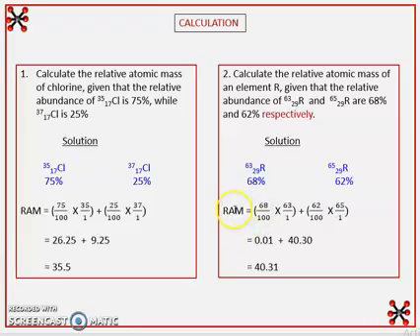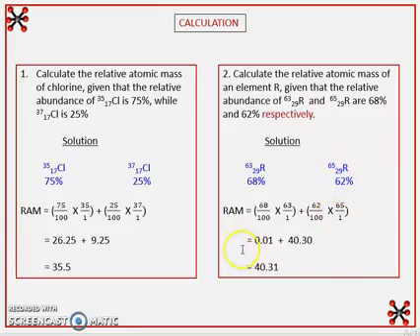So the relative atomic mass of R now is 68% of R63 plus 62% of R65, which is 68 over 100 times 63 over 1 plus 62 over 100, which is 62%, times 65 over 1.